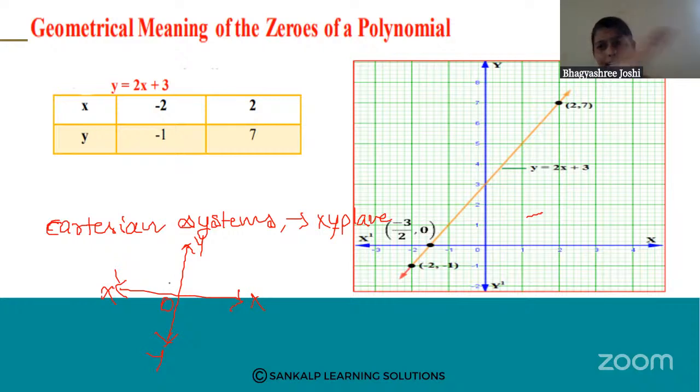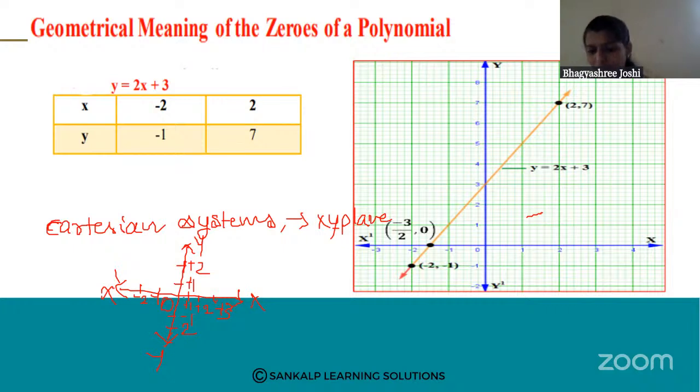Now, right side of the origin, all the numbers are positive. Left side of the origin, all the numbers are negative. Going up, it is positive. Below, it is negative.